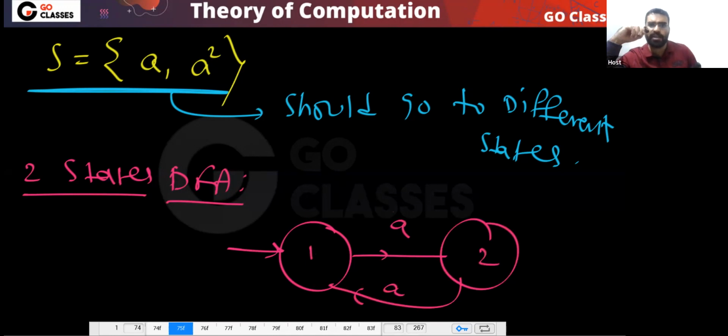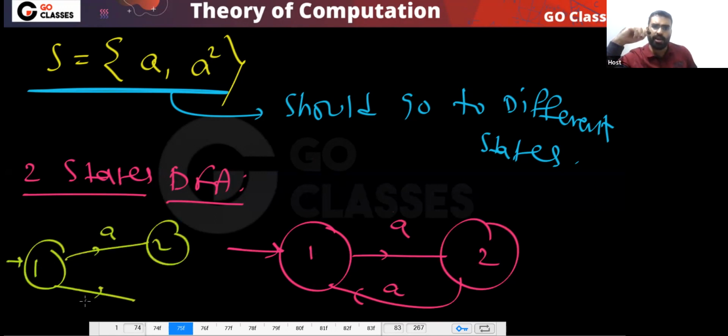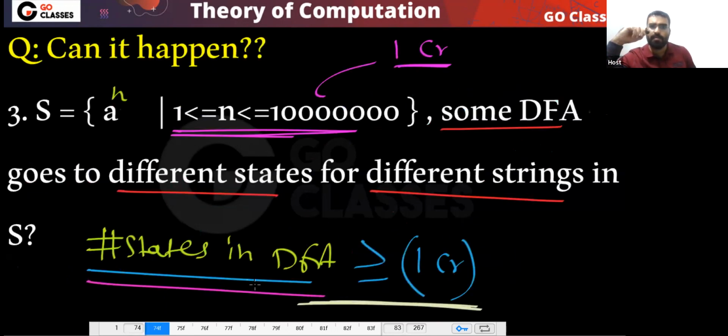From the initial state, on A you will go to state 2, and on double A you will go to state 1. So you are going to different states. So I can say that 1 crore states is enough. The number of states in the DFA must be greater than or equal to 1 crore. Correct or not?